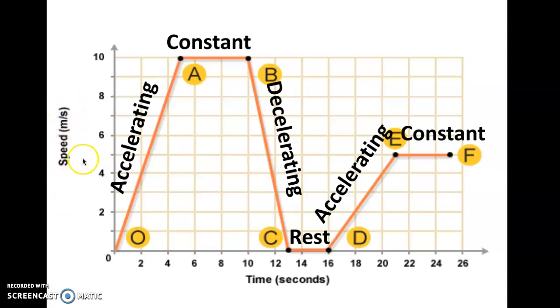If it says speed or velocity over here, then you know you're looking at a speed time graph. Anytime you're looking at a motion graph to be specific, you need to look at your y-axis and see if it says distance or speed. That will let you know what kind of graph you're looking at, and it matters because the different types of lines mean different things on each type of graph.